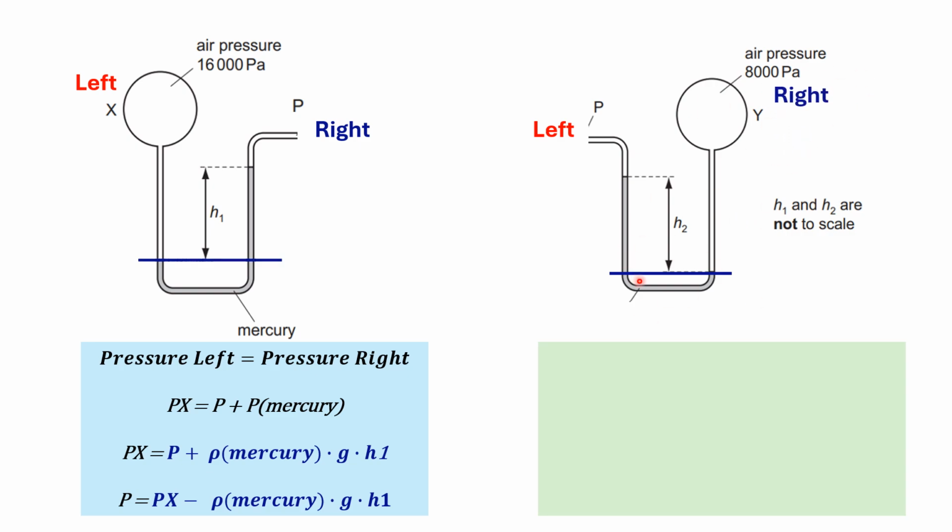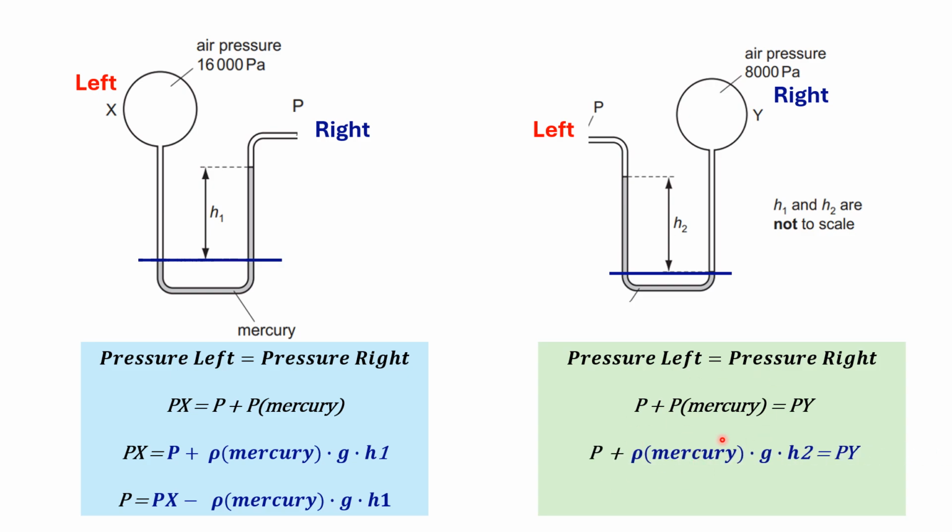Because this fluid is in equilibrium, the pressure on the left is equal to the pressure on the right. So what do we have on the left above this line? We have mercury with height H2, and we have the pressure at P. And on the right side, we have the pressure of the air in this bulb Y. So here is the expression.